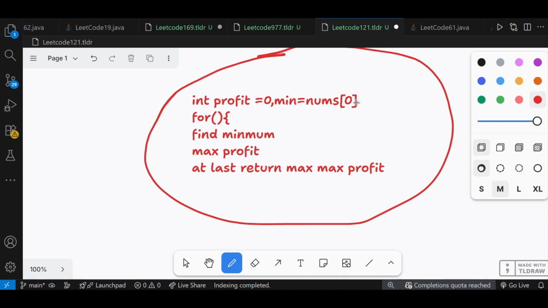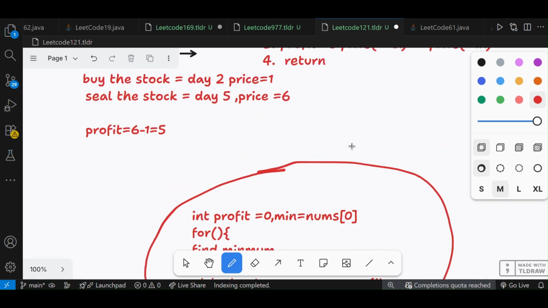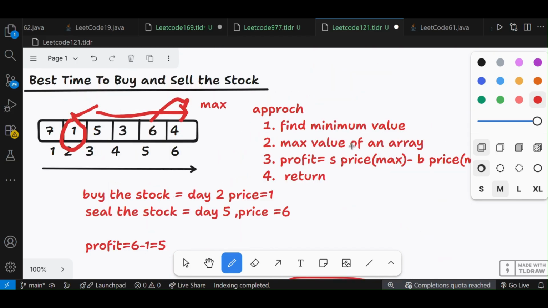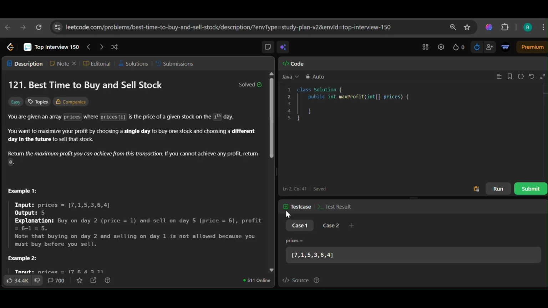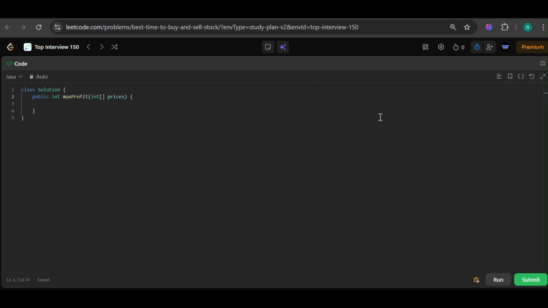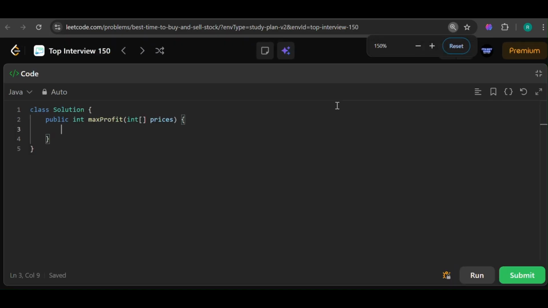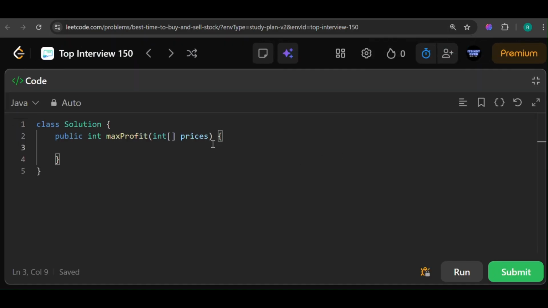So now we run the code, check the code, and understand what our code is and how we implemented it. So here, this is prices.